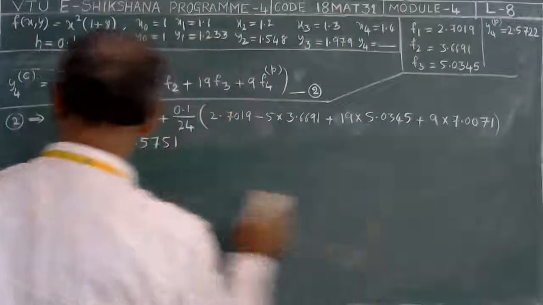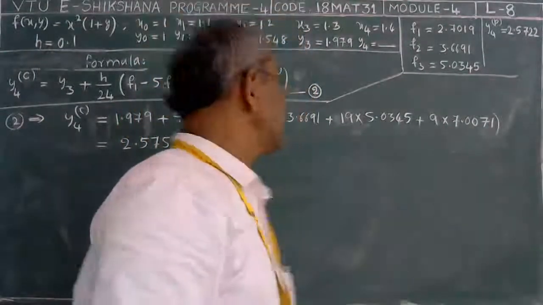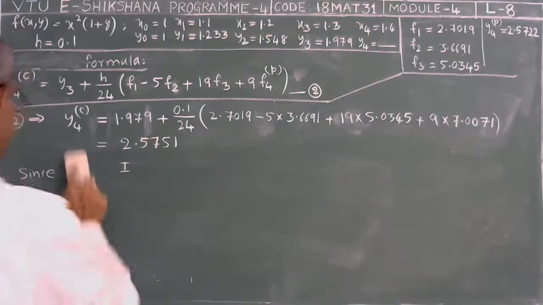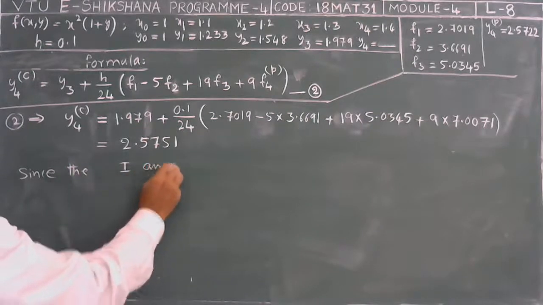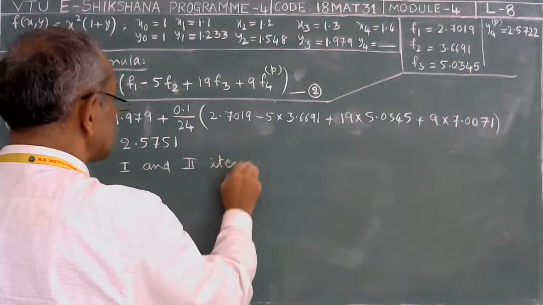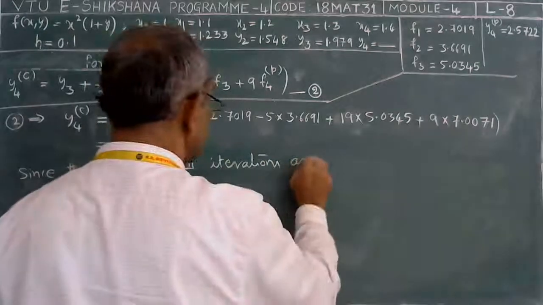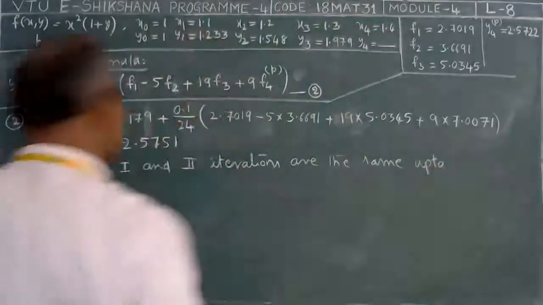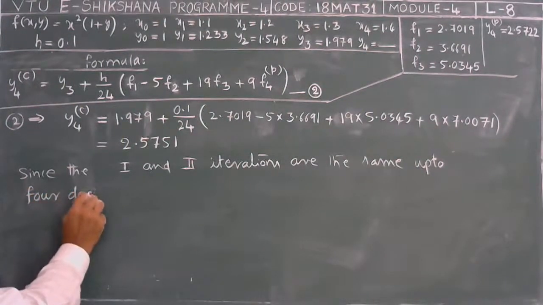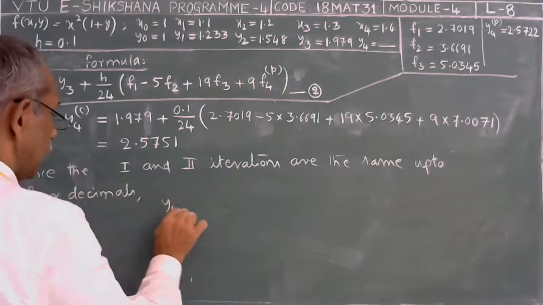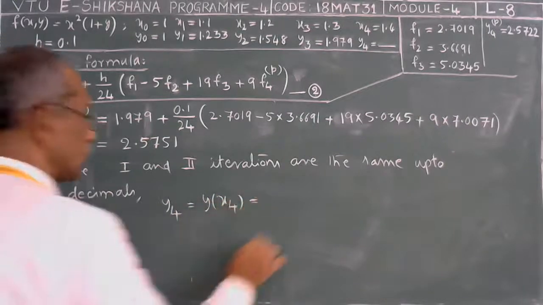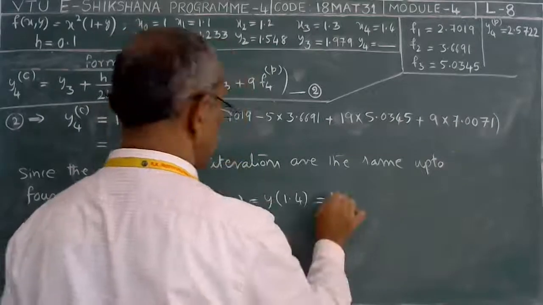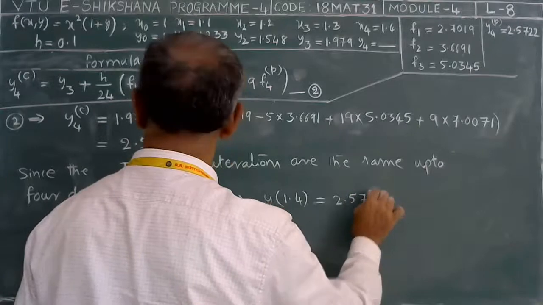Therefore, the value of y at x equal to 1.4 is 2.575, since the first and second iterations are the same up to 4 decimal places. y4 is equal to y at x equal to x4, equal to y at x equal to 1.4, equal to 2.575.